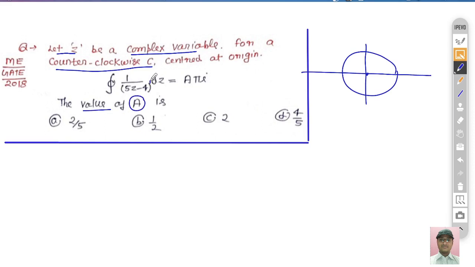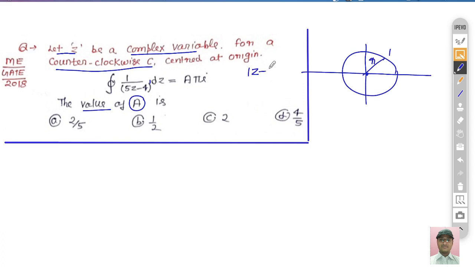Here the power is 1, so it is very easy for us. One more thing, the value of the radius must be given also, because we have to check whether this z naught lies inside this circle or not. So I think the radius must be at least 1 so that it lies inside this circle R, right? I think the radius is 1, right?